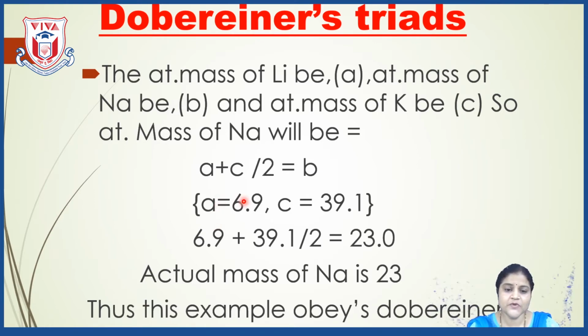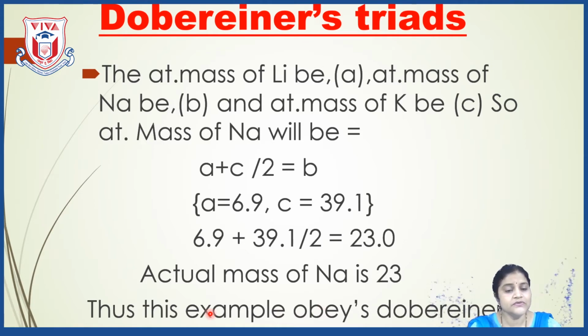So 6.9 is the atomic mass of lithium and 39.1 is the atomic mass of potassium, which when added and divided by 2 gives 23.0, which is the actual atomic mass of sodium. Thus this example obeys Dobereiner's law of triads.